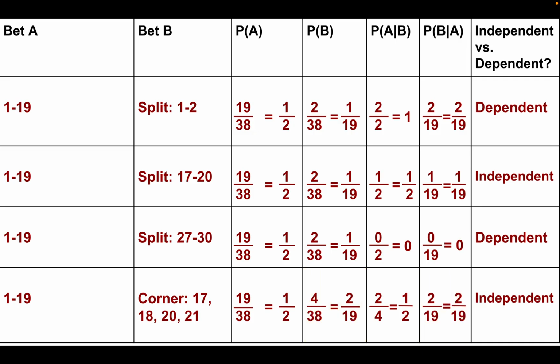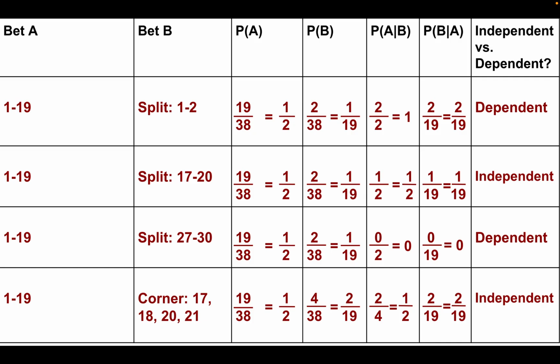Okay, so hopefully you guys understand now that the overlap is important. How did I know that making bet A 1 through 19 was going to give me some ways to pair bets with the 1 through 19 bet so that the bets worked out to be independent?